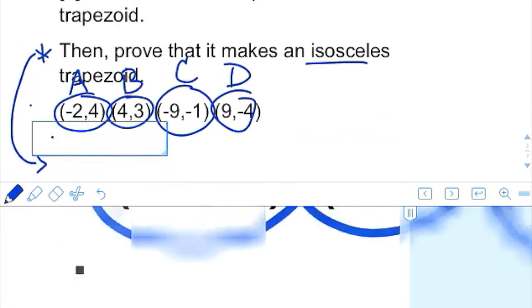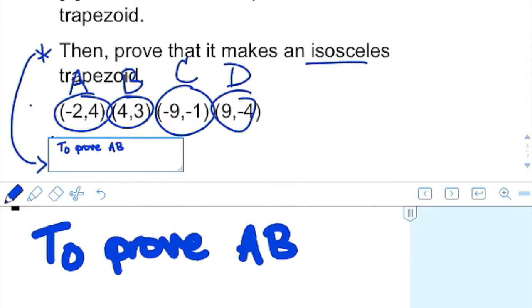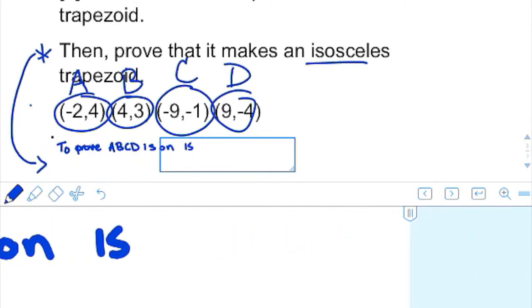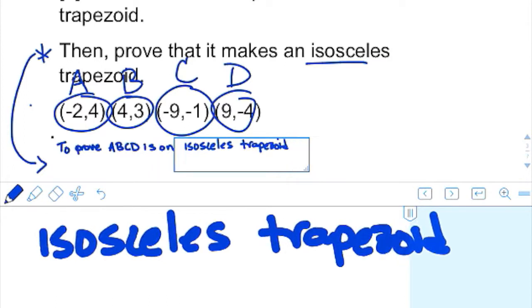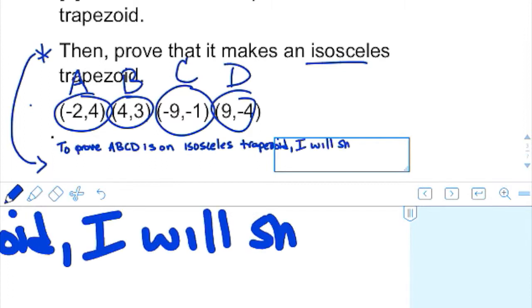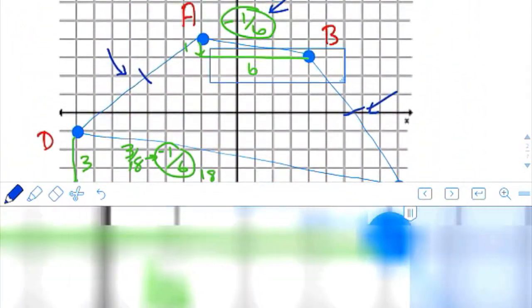Okay, all right, so to prove ABCD is an isosceles trapezoid, I will show that, and let's double check to make sure we have the right side lengths.